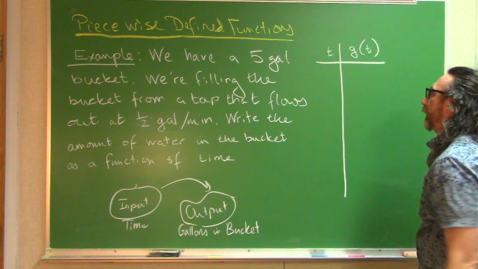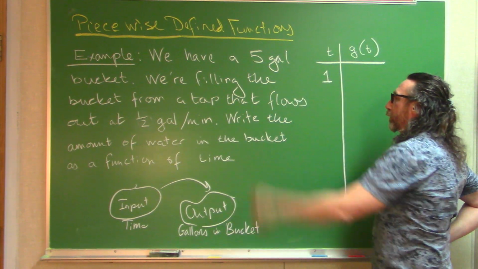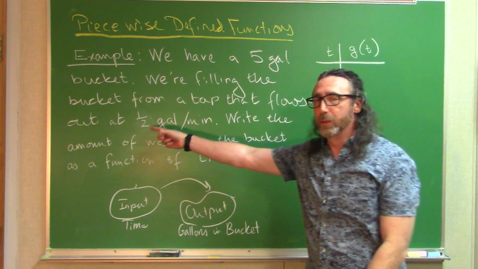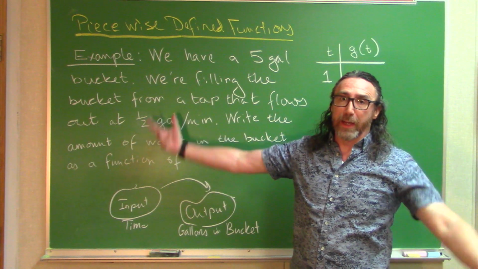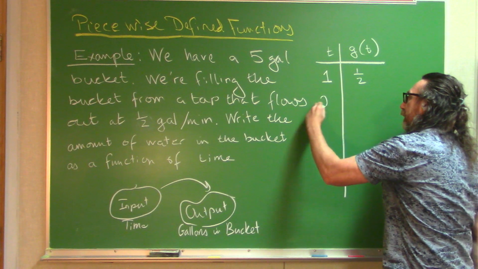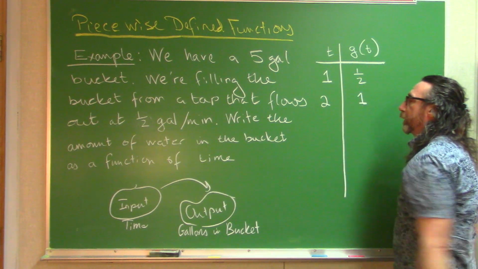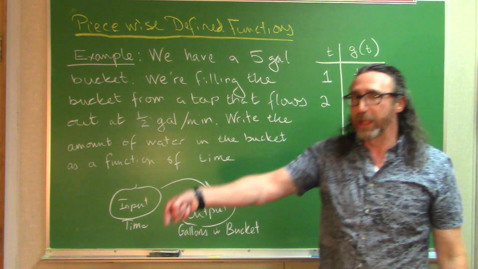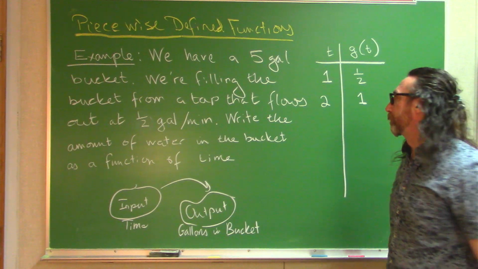If we have been letting the water run for 1 minute, the tap puts out half a gallon per minute, so we'd have half a gallon. If I let the water run for 2 minutes, we would have 2 half gallons, or 1 gallon.